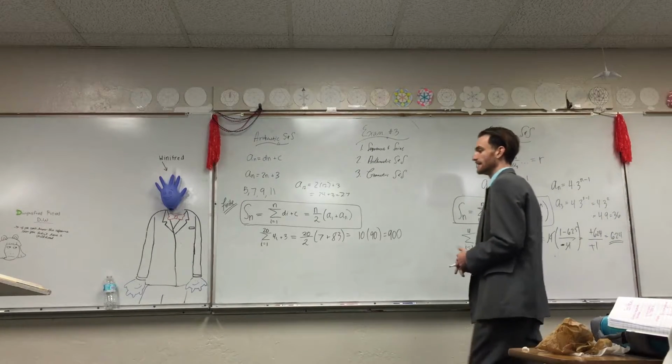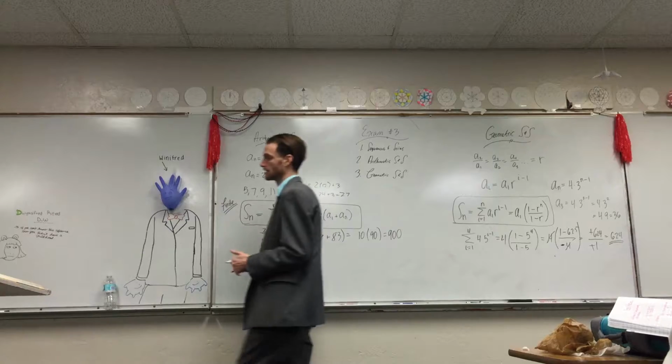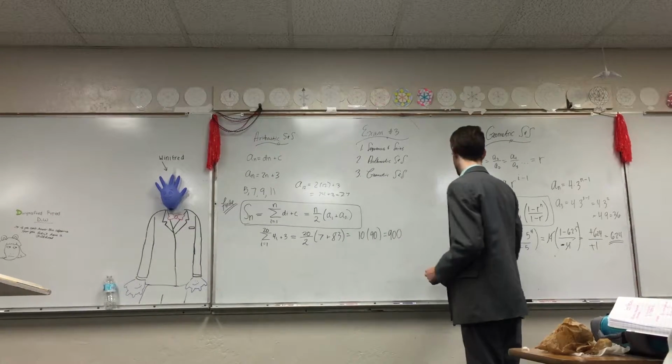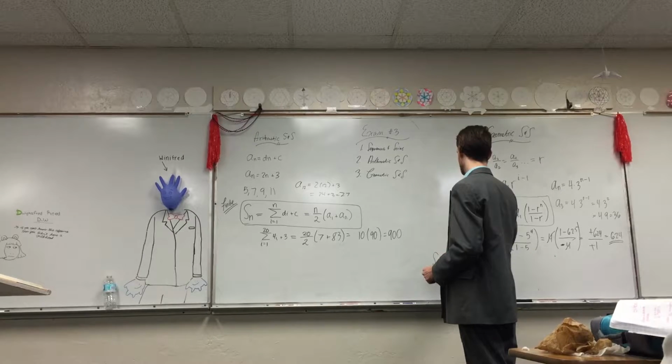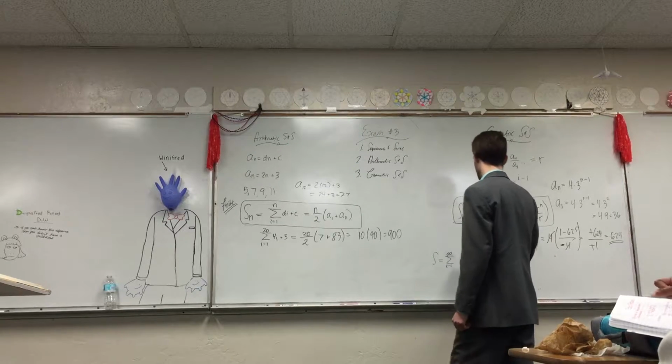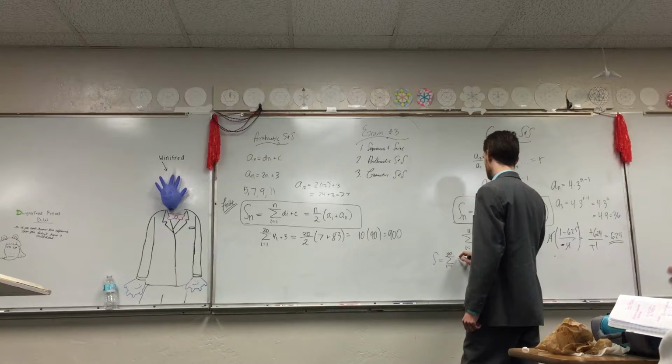If I have an infinite geometric sequence, the sum equals the sum from i equals 1 to infinity of a1 times r to the i minus 1.